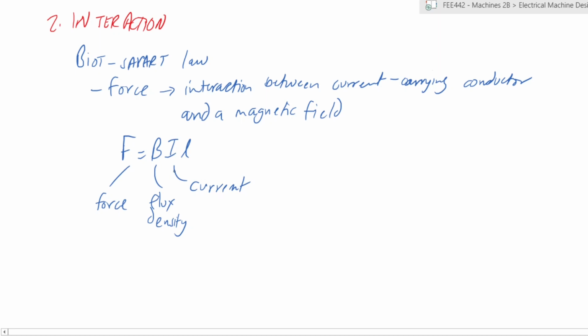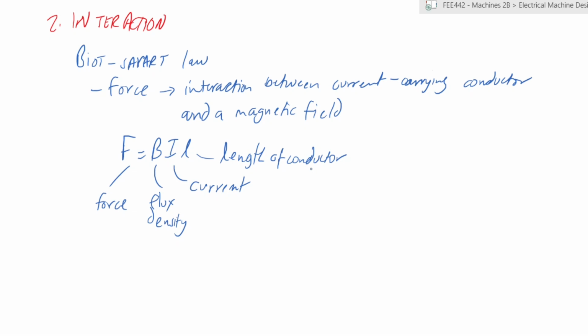It is the interaction between the current and the field that tends to create a force, and then you have the length of the conductor. So the magnitude of the force depends on the length of the conductor. And this is why all machines have windings that have many, many turns. That enables us to have a long length of a conductor within a smaller confined space. So you can have a compact machine with a higher amount of force.